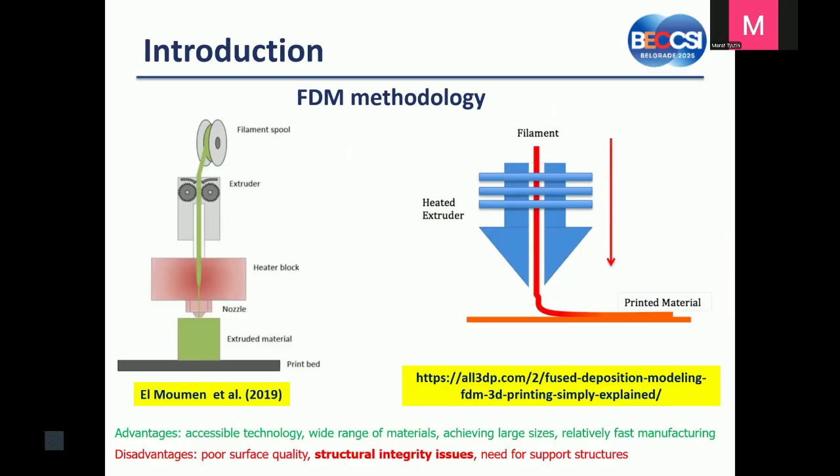The temperature for plastics is between 200 and 240 degrees Celsius, and the extruded material is deposited on a print bed. The advantages are accessible technology, a wide range of materials, large-scale printing now achievable with big printers, and a relatively fast manufacturing technique.